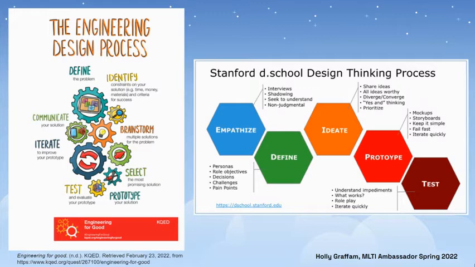You define a problem, identify constraints, brainstorm, select the best solution, build a prototype, test it, iterate, make some improvements, iterate again, make some improvements, and communicate your solution. This one happens to come from Engineering for Good, which I really like, and this is the one that I use in my classroom when I was teaching engineering design process.